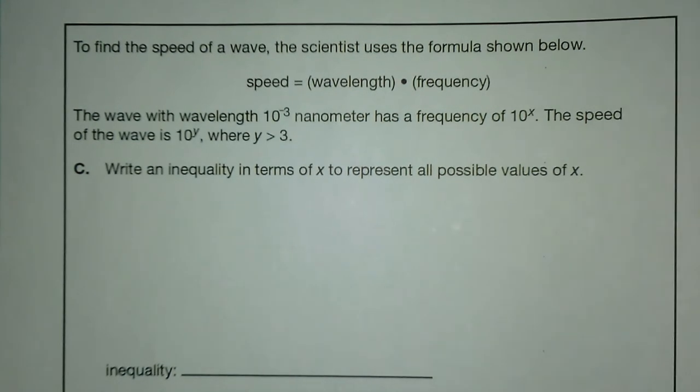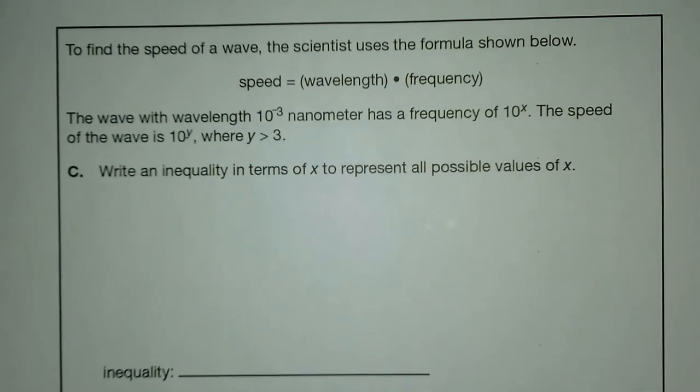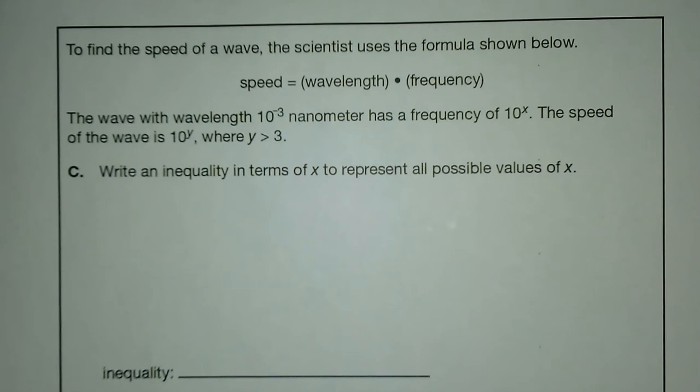Write an inequality in terms of x to represent all possible values of x. Once again, you should have already tried this by the time you're looking at this video. Reading this for the first time, and again, this shouldn't be the first time you're reading this, can be intimidating. I get it. You might have to take a breath, read it again, not immediately give up.